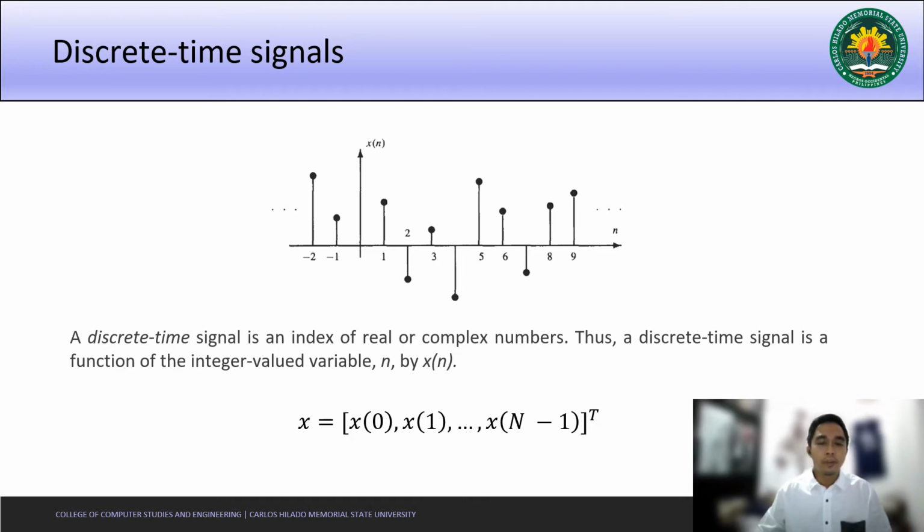For example, you have x at 0, which should be a positive or negative integer. So either -1, or 2, or 3.